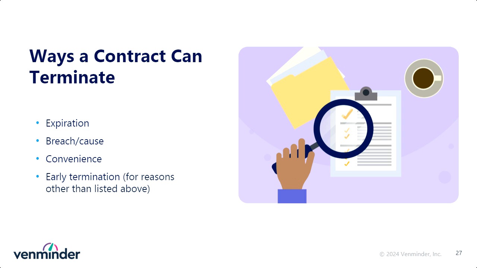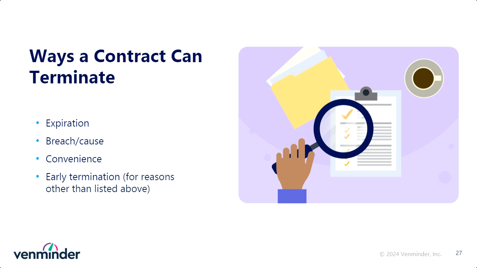Another could be a convenience termination. This is where you, or if it's mutual, either party, at any point in time, for any reason, it doesn't have to be cause, it certainly doesn't have to be that the contract actually expired, but at any point in time with appropriate notification, you can cancel the contract.